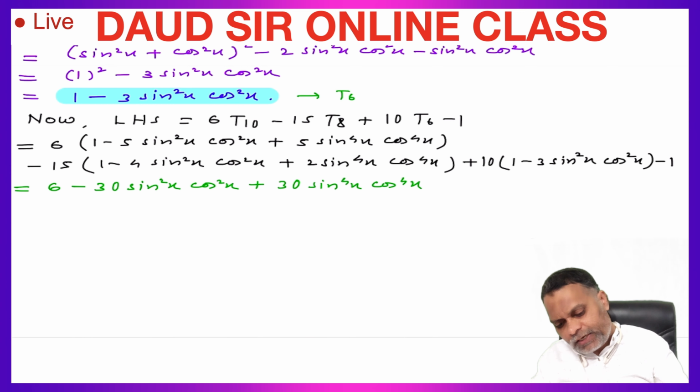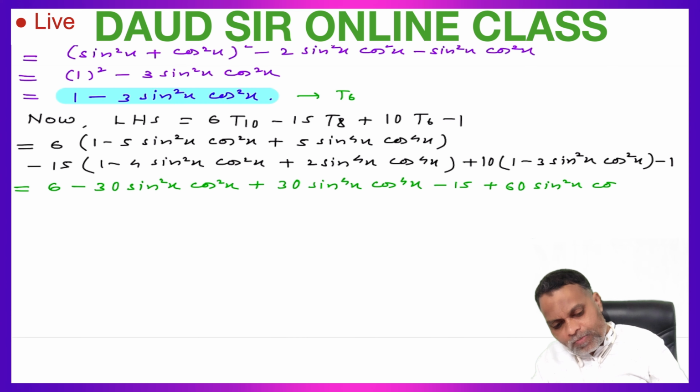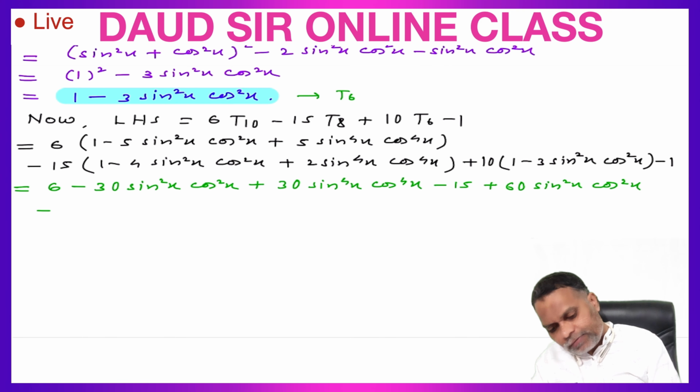Multiply by minus 15 in this bracket. Minus 15, minus minus plus, 15 fours are 60 sine square x cos square x, and 15 twos are 30, minus 30 sine raised to 4x cos raised to 4x.